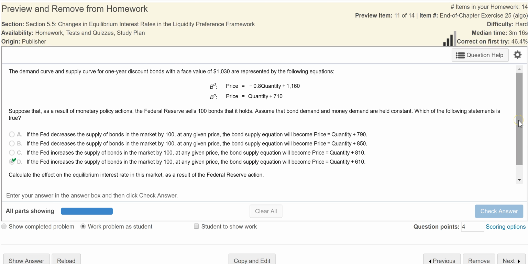So then we can see how much that interest rate changes, and that's the effect on the equilibrium interest rate. Based on the solution to question number 10, you should be clear about how to solve these two equations, two unknowns system, to get the equilibrium price, and based on the equilibrium price, the equilibrium interest rate.